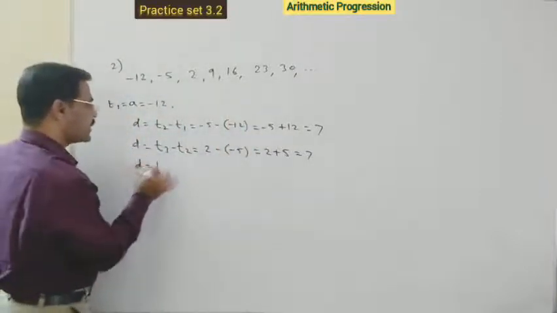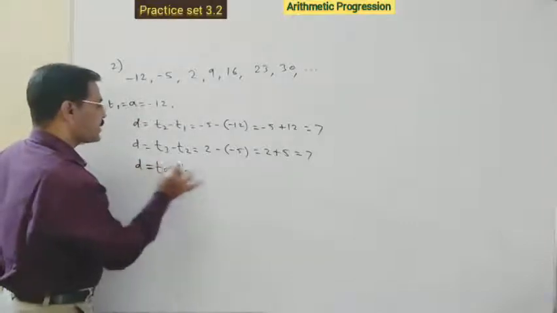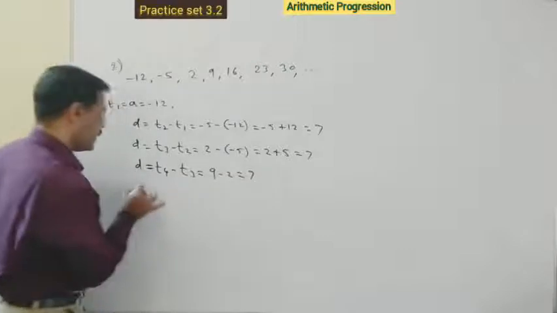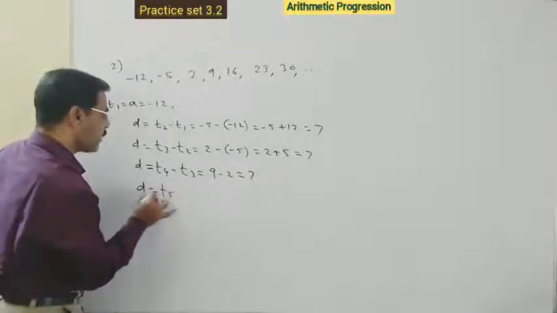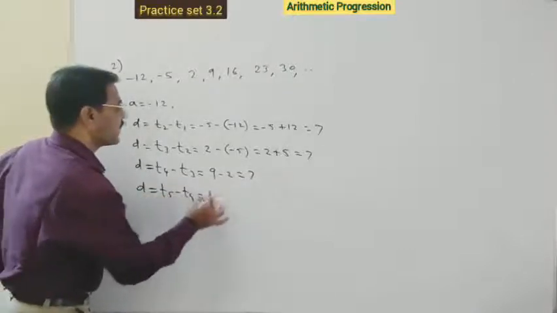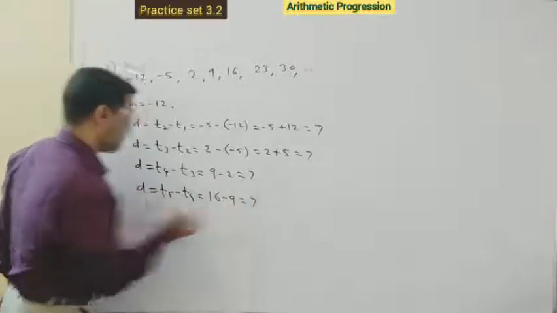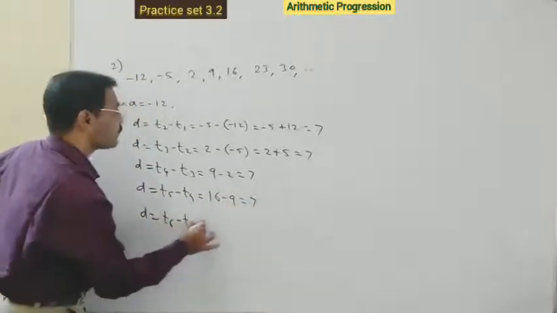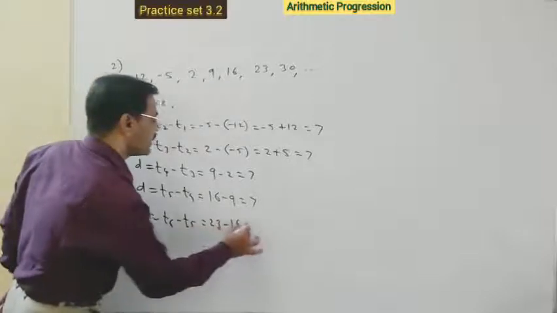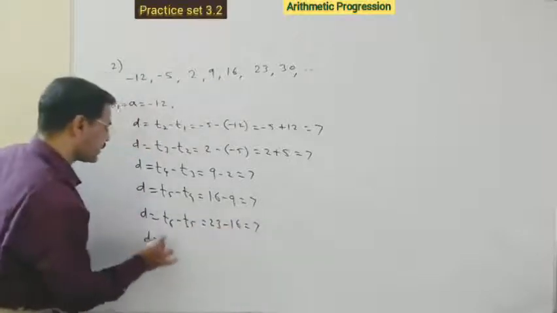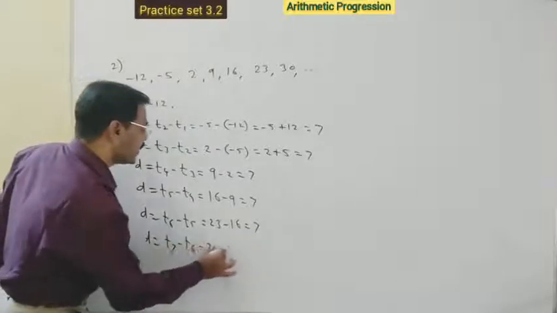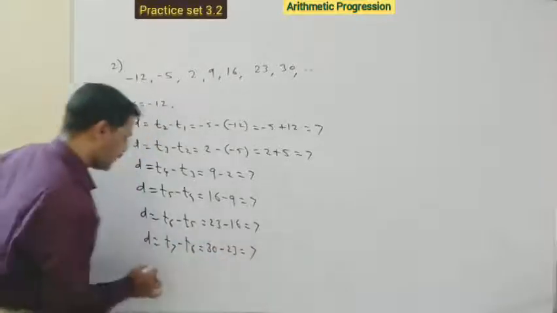T4 minus T3, 9 minus 2, 7. T5 minus T4, 16 minus 9, 7. T6 minus T5, 23 minus 16, 7. And T7 minus T6, 30 minus 23, 7.